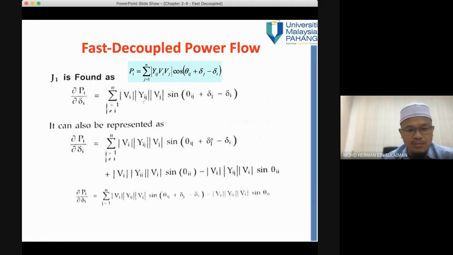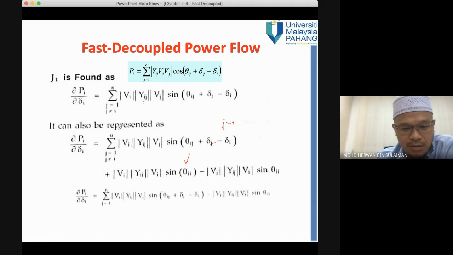Theta, bila I sama dengan J, maknanya J sama dengan I ni, so theta I minus theta I juga, so dapat kosong. So tinggal theta I lah. Okay, so and then ditolak Vi, Yij, Vi sin theta I. Ni bila yang ini ialah equation bila I tak sama dengan J.